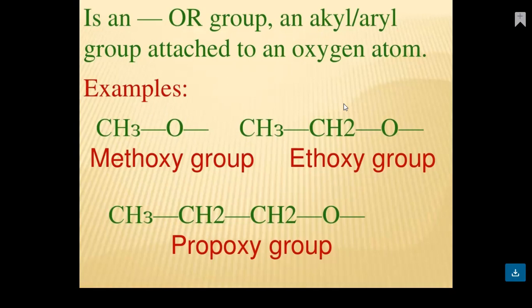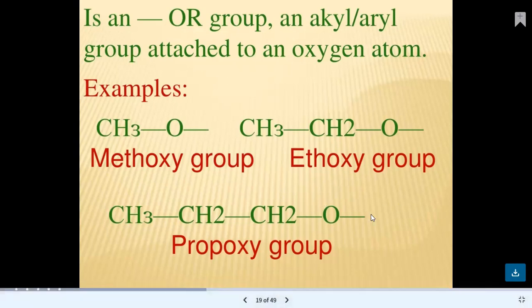We mentioned that if you have many functional groups on the same chain, one of them is going to have priority. Ether is one of them, and it has priority over others, but not over all of them. In some cases, this is going to be called just a substituent, and these are the names for them: methoxy group, ethoxy, propoxy group, etc. So let's see what this is about.